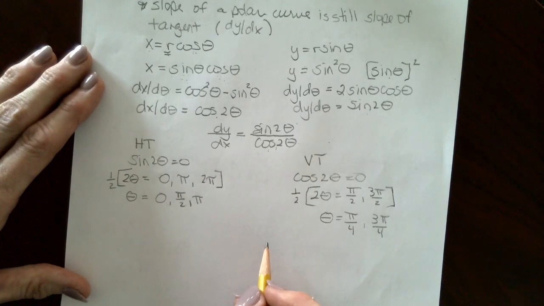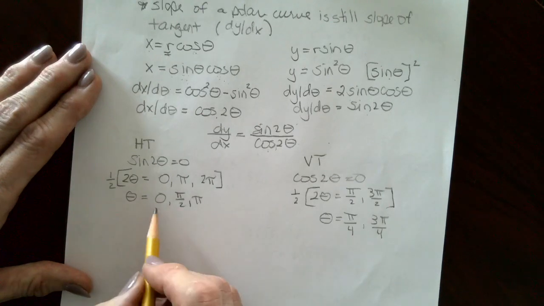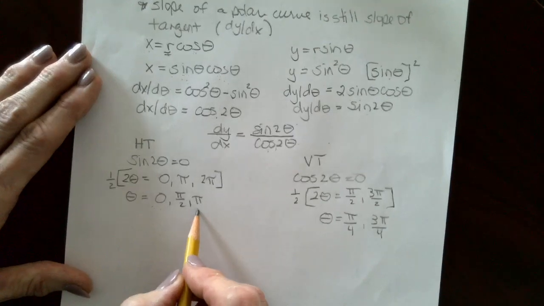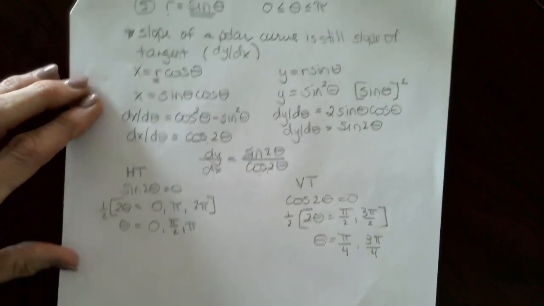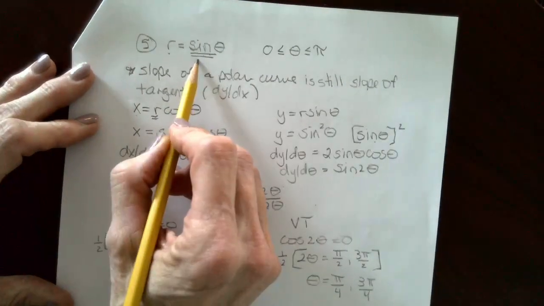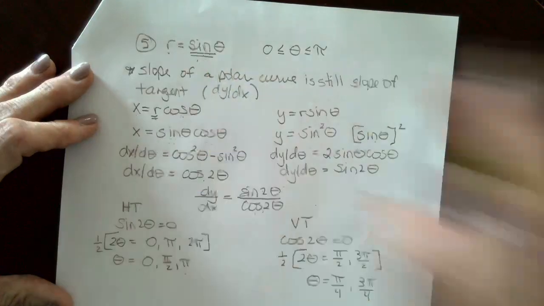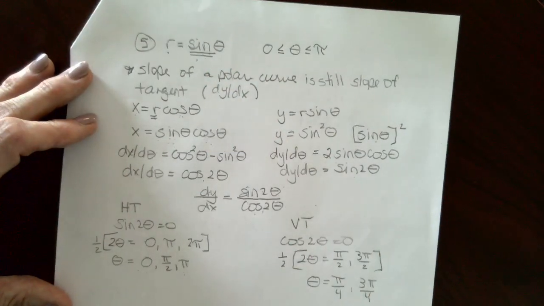They asked for points, so they want those polar coordinates. We want r comma theta. You got your thetas here. How are you going to get your r? Plug it back in, into the first equation. You're going to plug those thetas back into this equation to get your r for that theta.